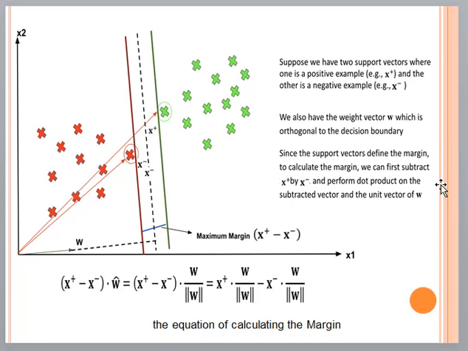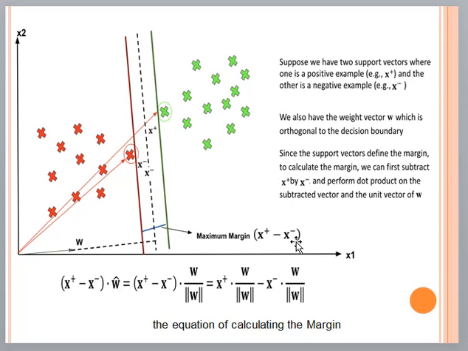Once I have subtracted x plus by x minus, I can perform a dot product on the resultant vector and the unit vector w. And I have already showed you how we can calculate the unit vector, right? So here you can see that the maximum margin, which is this one, is being calculated by subtracting the two support vectors. So we have x plus minus x minus here.